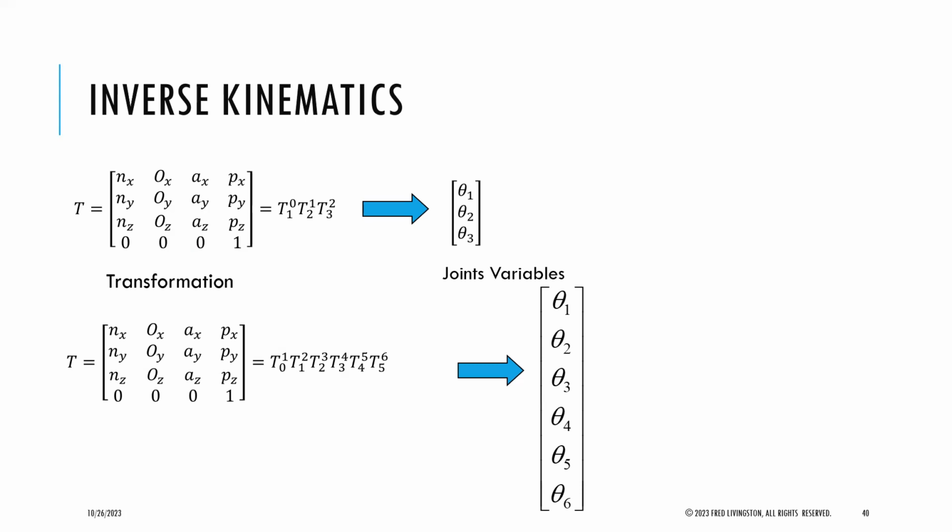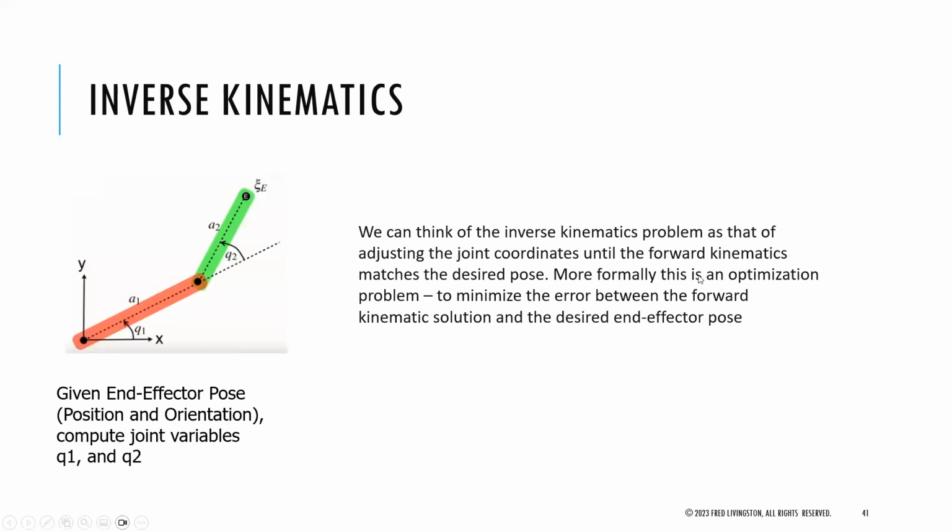So we're going to use the inverse kinematics to go from the position and orientation back to the joint angles here. There are several different methods, but the method I'm going to introduce for this class is more of an optimization. We're going to use the forward kinematics to compute the inverse kinematics.